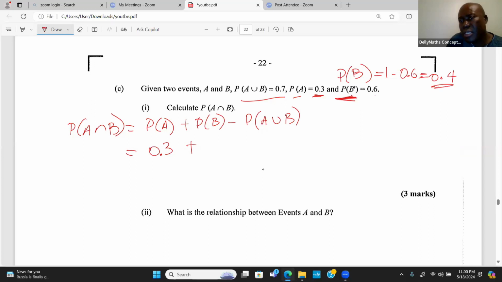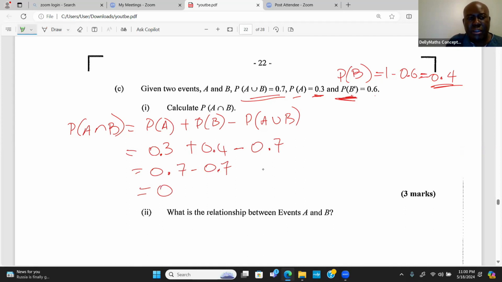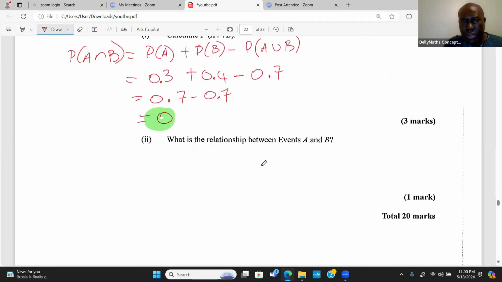Probability of B 0.4. Probability of the union, we got that, minus 0.7. So this is definitely 0.7 minus 0.7, and the answer for this is 0. So there is no intersection here. This is a null set that we have here. So there is no intersection for 3 marks.